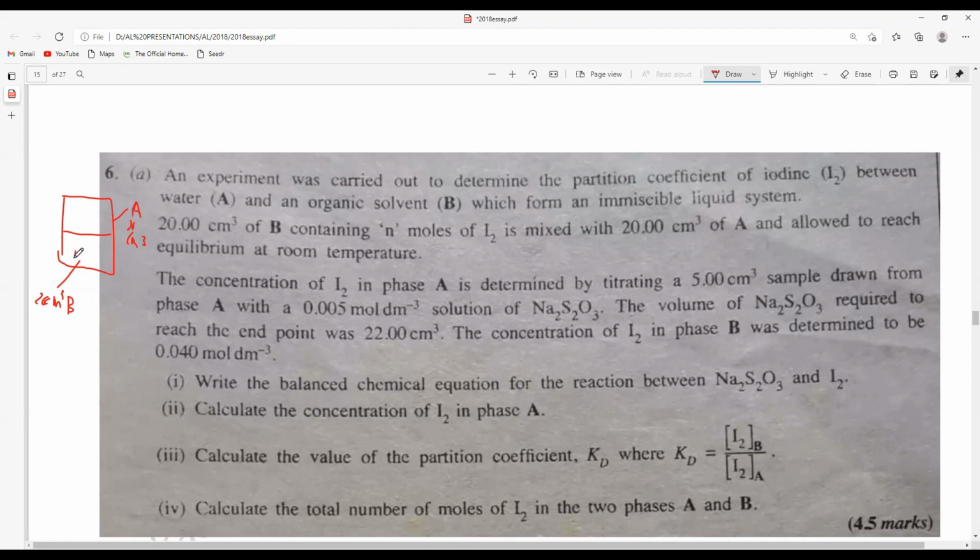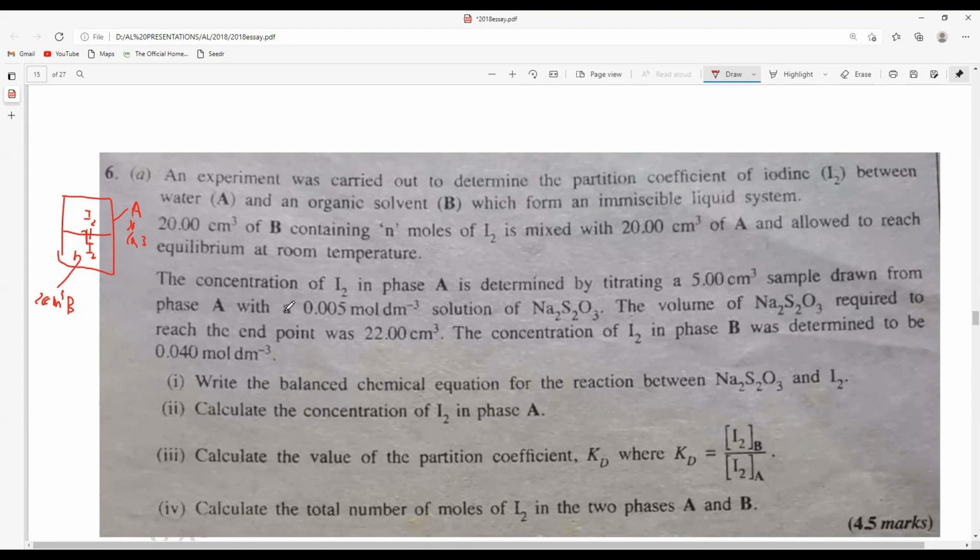In B, you have n moles of I2. When you shake it with A, there will be an equilibrium between the I2 molecules, and at equilibrium their concentration is going to be constant, right?